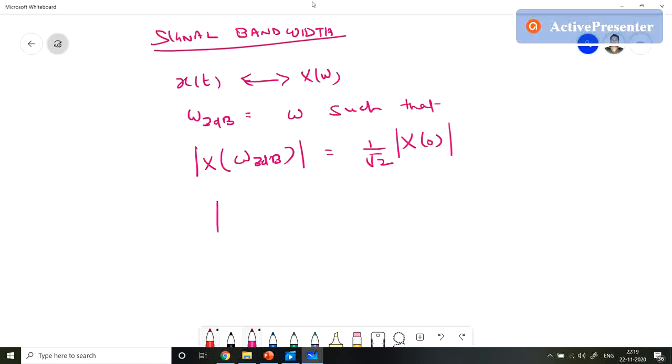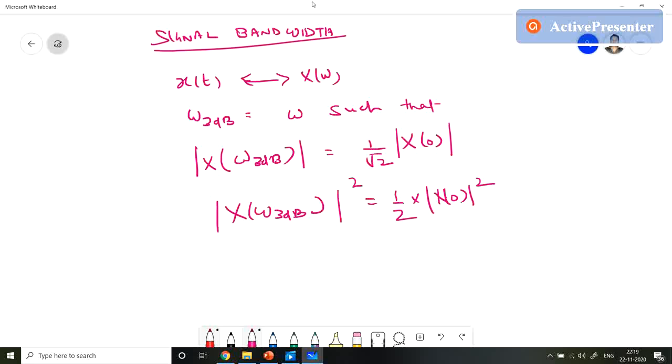So modulus of X(omega 3 dB) squared is equal to 1 divided by 2 multiplied by X0 squared.